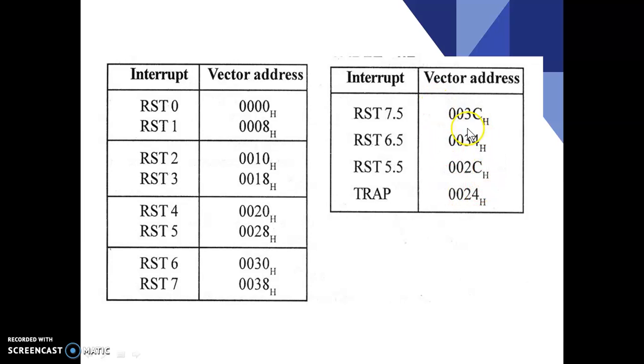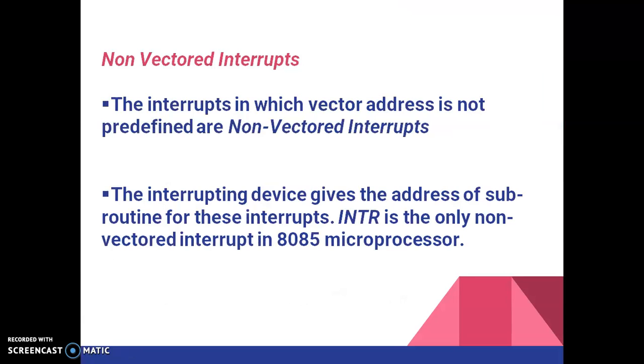You can see here the addresses for all these interrupts. That means the subroutine starting address is prefixed. It is already fixed in case of vectored interrupts. Coming to non-vectored interrupts, these are interrupts in which the address is not predefined.